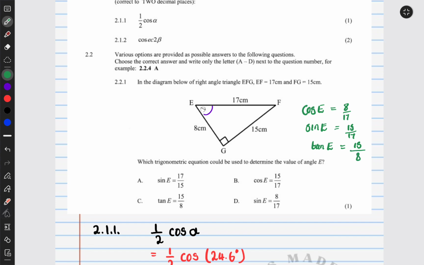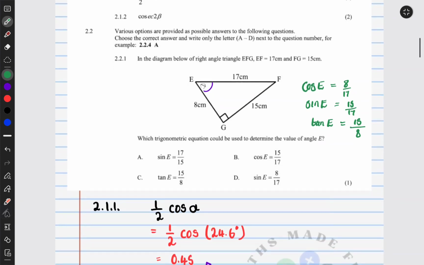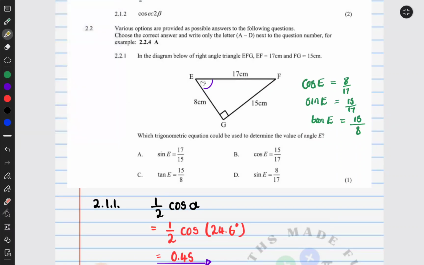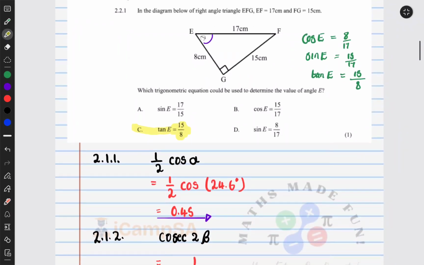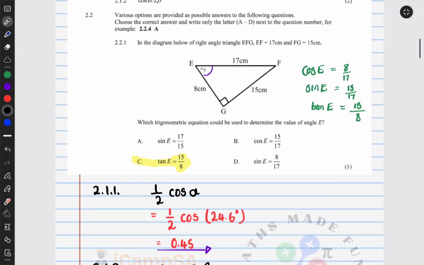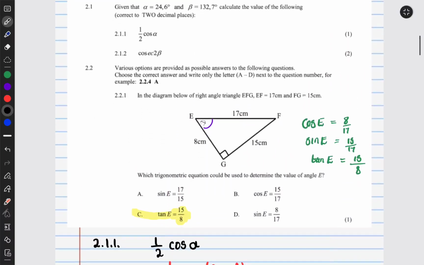Once we have written down everything, we can see which solution gives us the correct answer. For 2.2.1, the correct answer is E. That is what the instruction was for this.